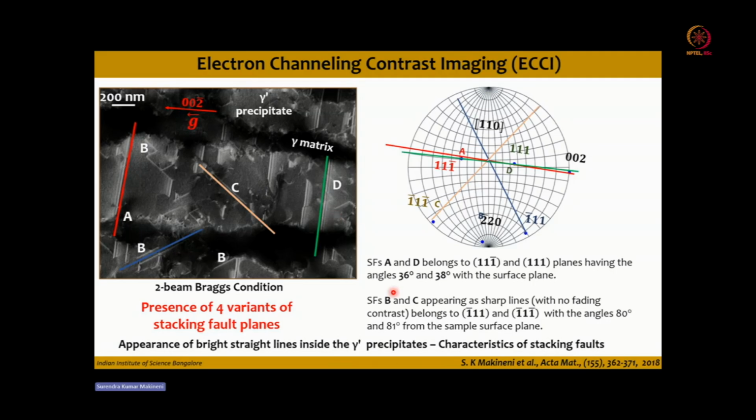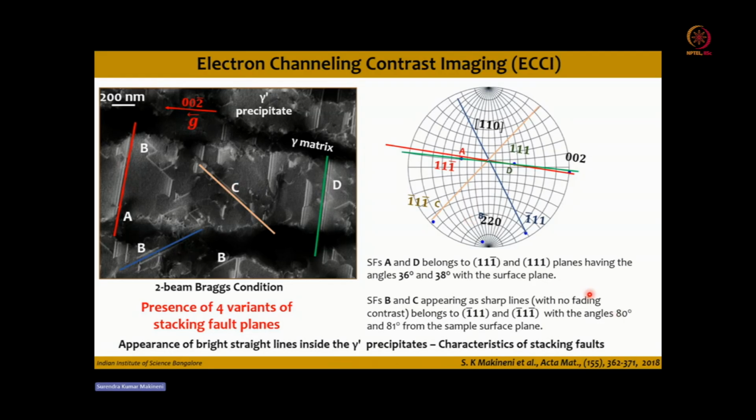So with the stereographic projection, you can actually calculate the angles. For A and D, these are 36 degrees and 38 degrees with the sample surface plane. So these are at an angle, cutting through the sample. That's why you see a bright-dark contrast for A and D. However, B and C are nearly edge-on. You don't see that type of contrast.